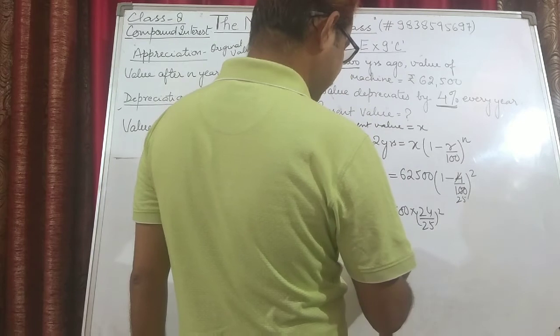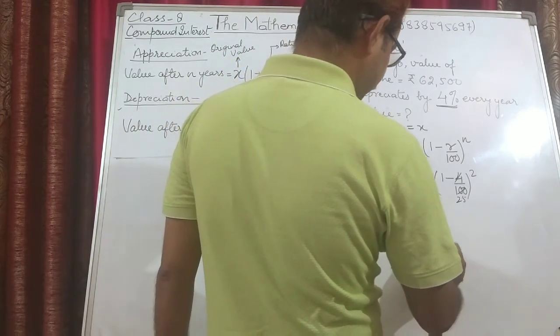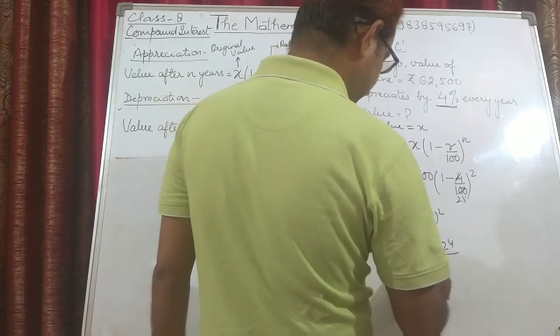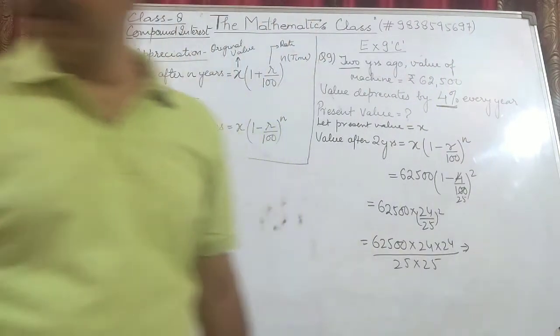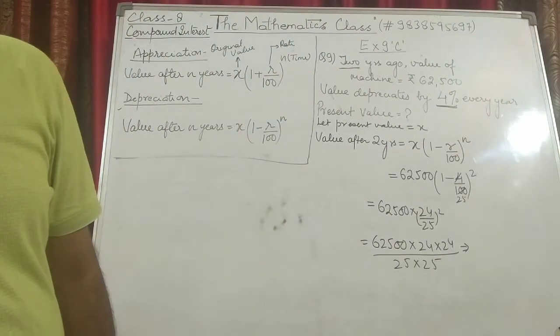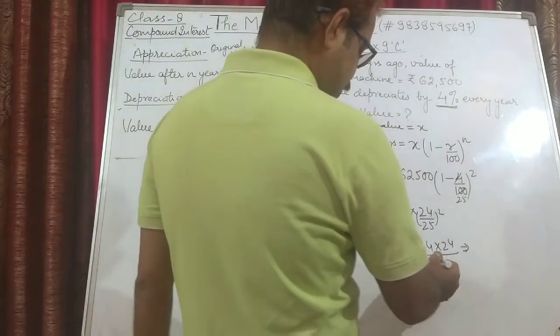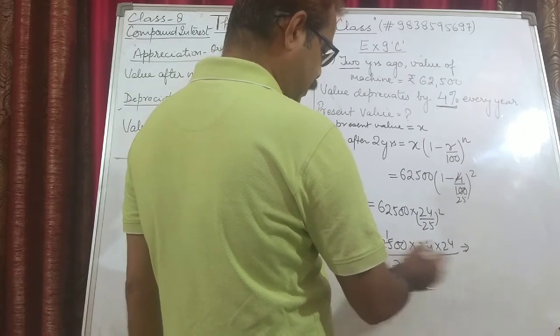That can be written as 62500 into 24 into 24 upon 25 into 25. We know that 25 into 25 is 625, so 25 into 25 will cancel.